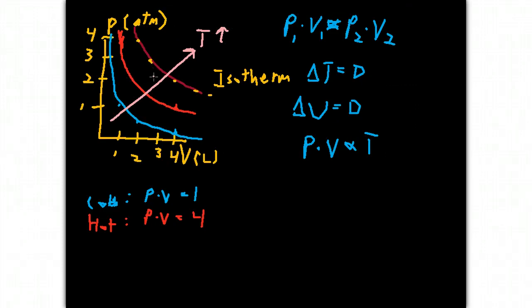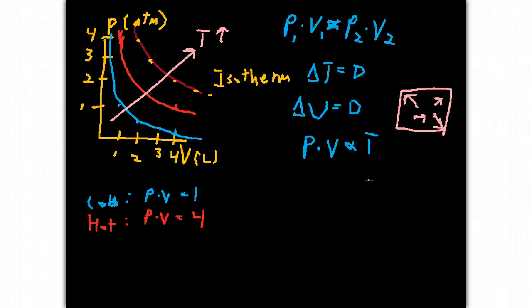And the reason for this, hopefully it should make sense, is that if you have particles inside of a container, and you should always refer back to particles in a container, they're bouncing around at their various speeds, but on average at certain speeds. And you can imagine that because this is a pretty small container, they're able to hit the sides of the container pretty frequently.